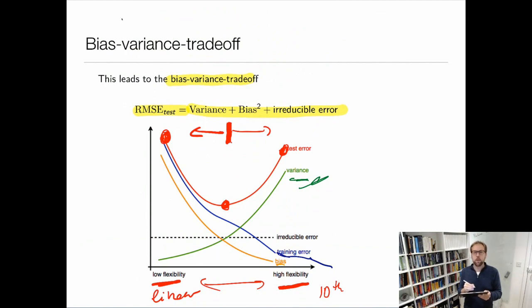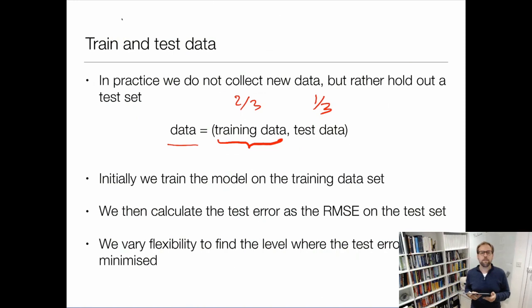I can fit the linear model, evaluate it, fit the quadratic model, evaluate it, fit the 5th order model, evaluate it, fit the 10th order, evaluate it, and I will see that the error was minimal when I had the quadratic model. So I would know that the best model to take is the quadratic model. And this is a very generic framework here.